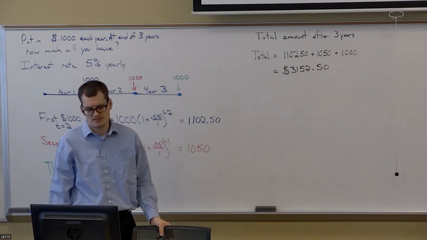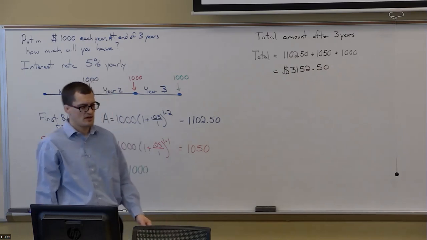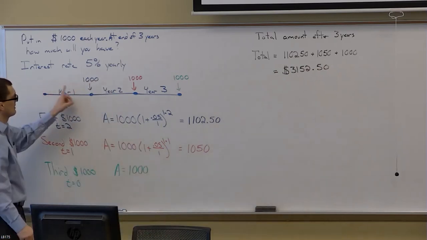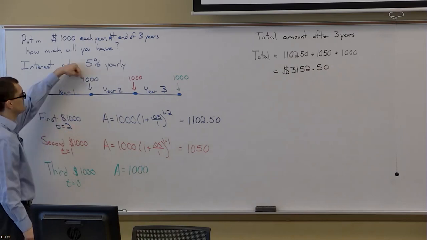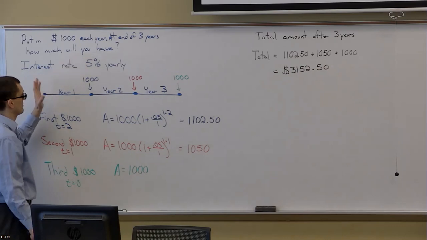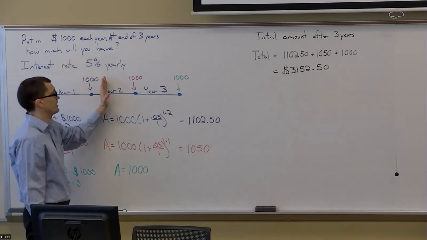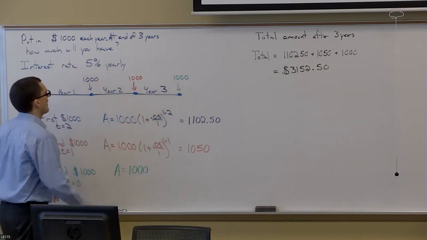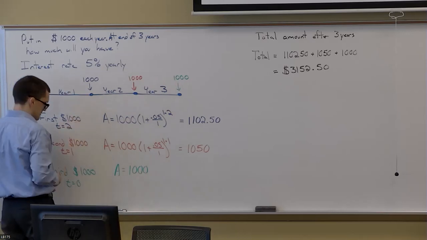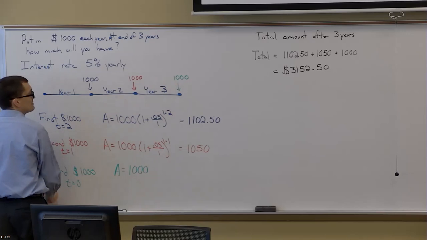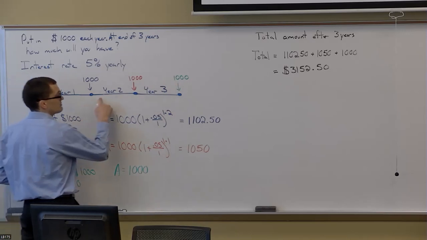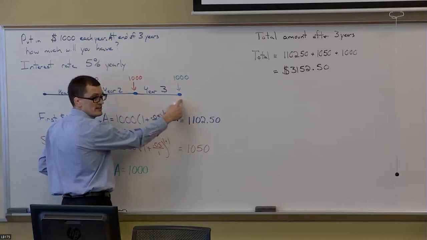Why is the first year 2 instead of 1? Well, the first $1,000 you mean? Yeah. So the first $1,000, remember, we have a 3-year period. This $1,000 that I put in blue is going to sit in the account until the end.